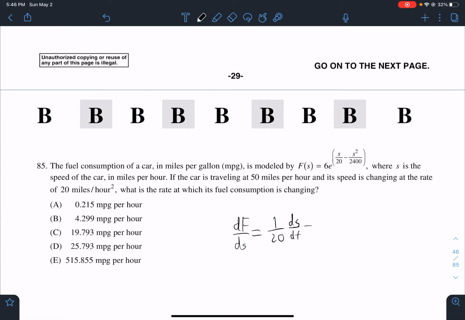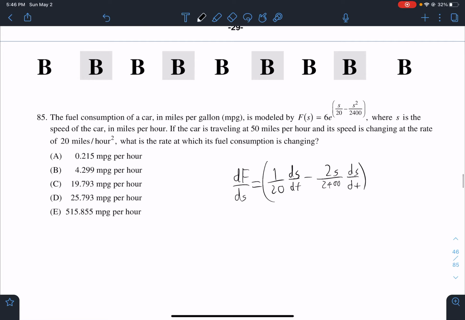And so then, using the chain rule again, we get 2s over 2400 times ds/dt. And now we multiply by the original equation because it's an e function.